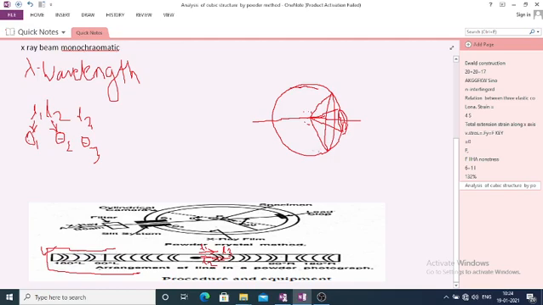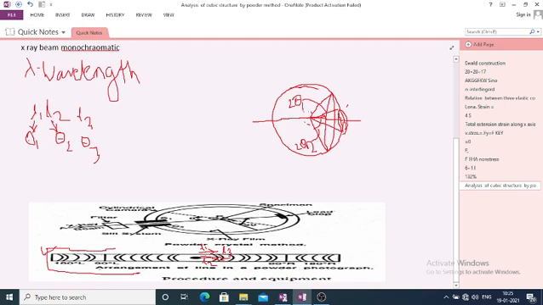Now suppose this is two theta, that is the semi angle. This is for the first, 2 theta 1, and this is for 2 theta 2, corresponding to L1 and L2.